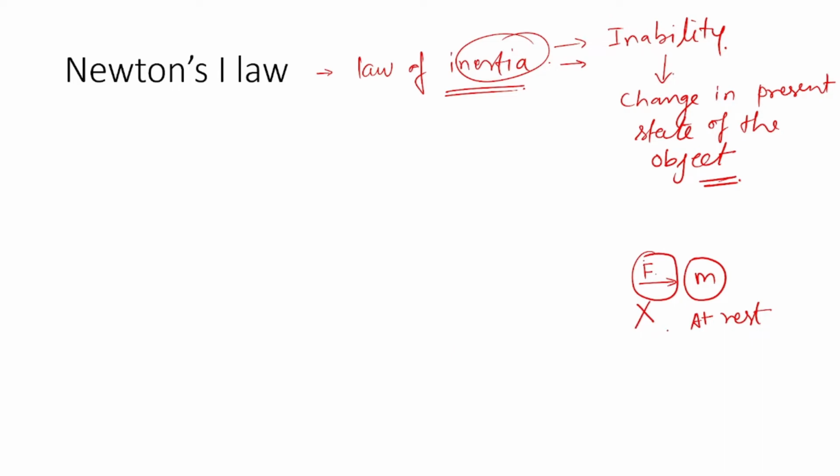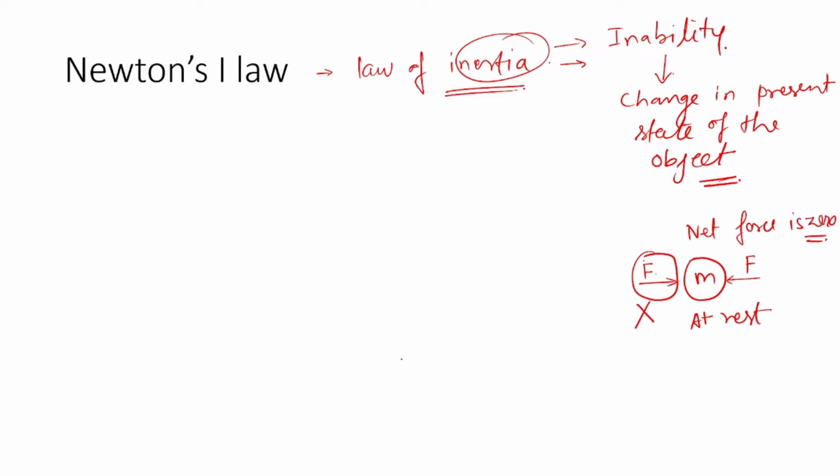Or if there is a force F and the same force is applied in the opposite direction, then both will cancel each other. In that case also, the net force is 0.